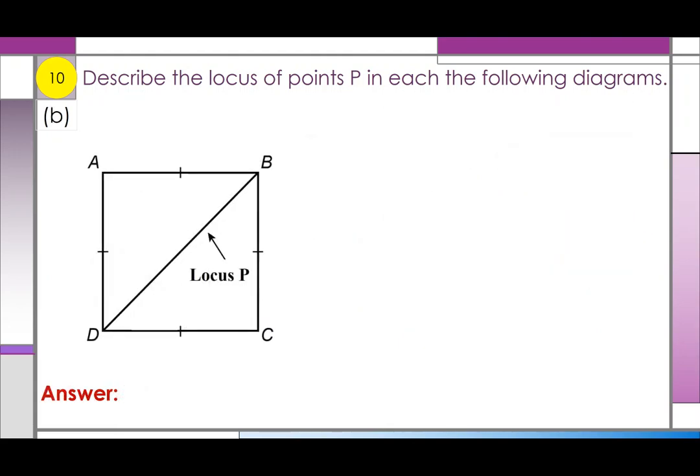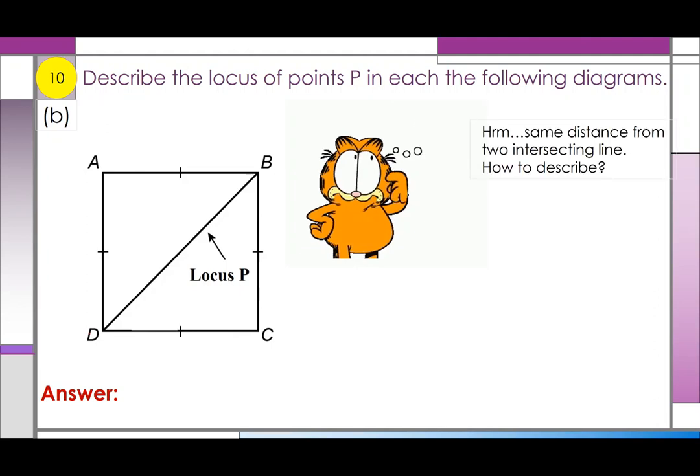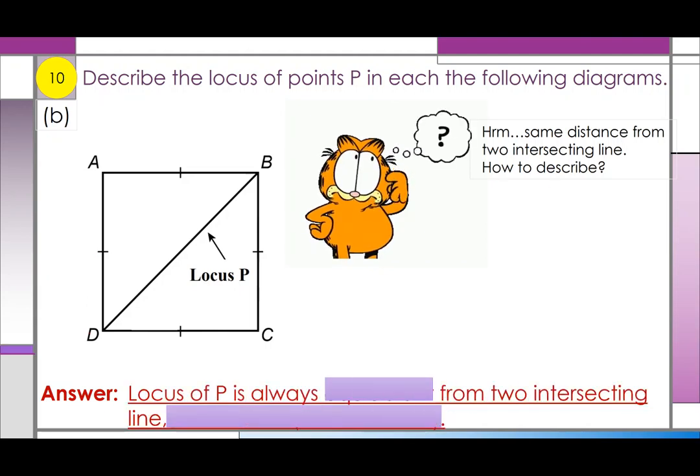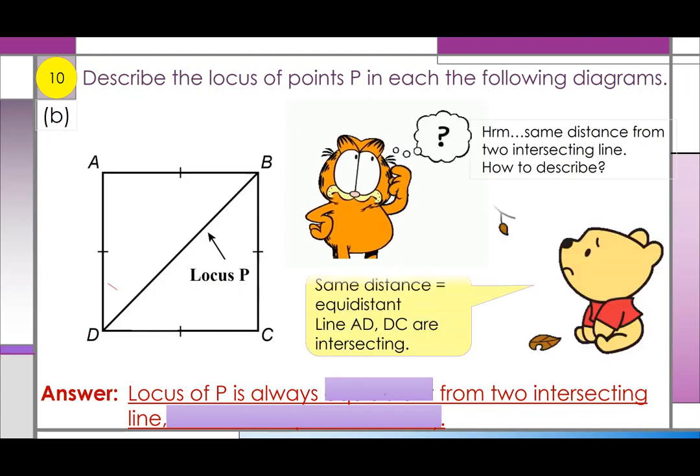Okay, question B. Do you see that? This is our locus P. This is the angle bisector of AD and DC, right? So the angle bisector, how do we describe it? Same distance from two intersecting lines. So the locus of P is always the same distance, that means equal distance.